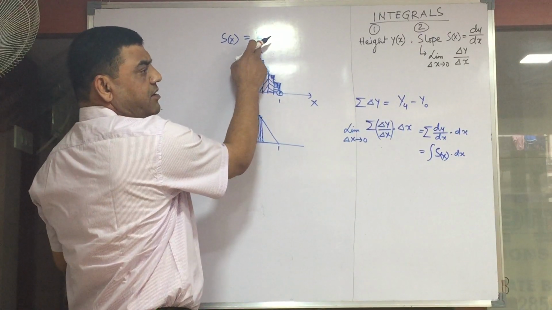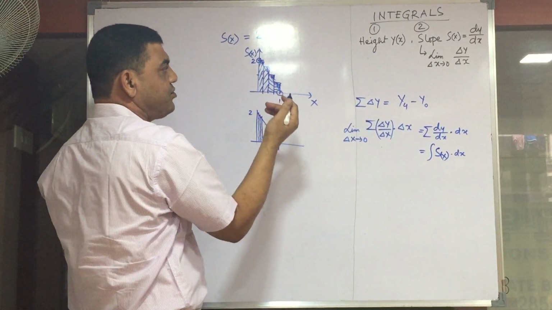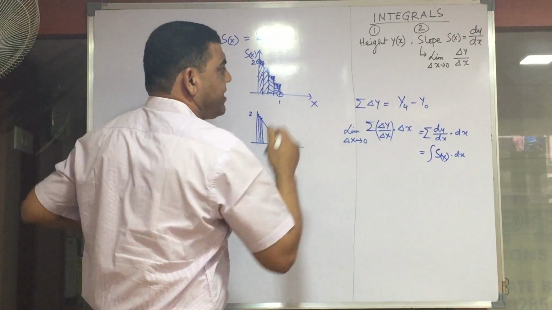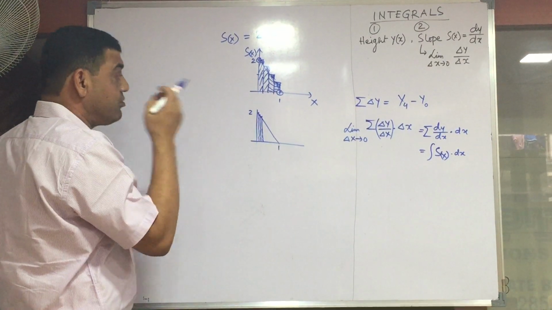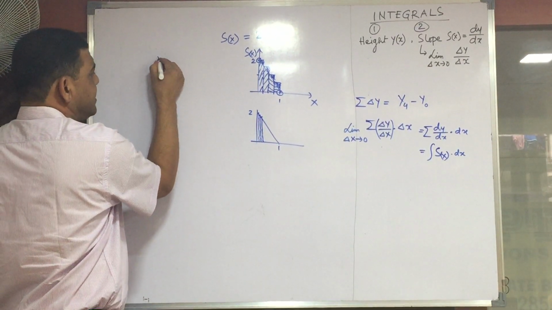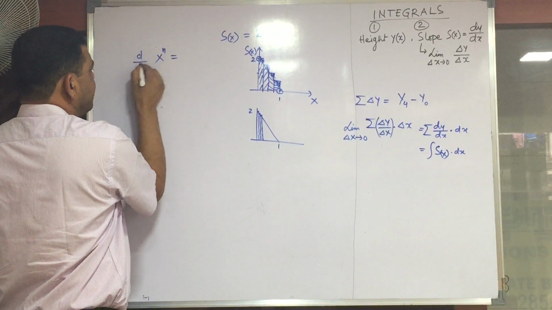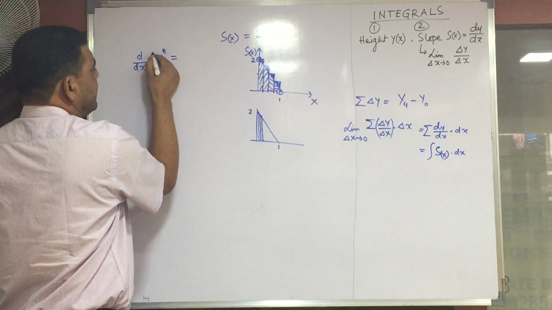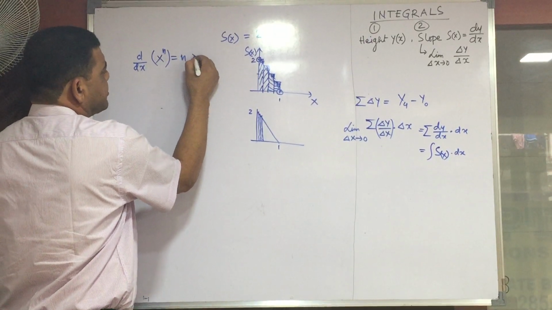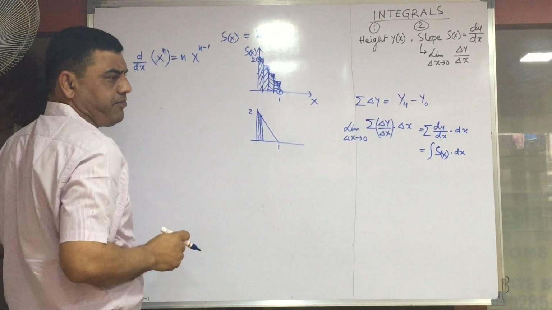In the reverse process, we have shown how we can get a function. If I go back to differentiation, we have seen yesterday that differentiation of x to the power n, our basic function, gives us n x to the power n minus 1.